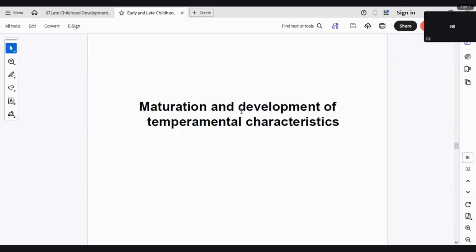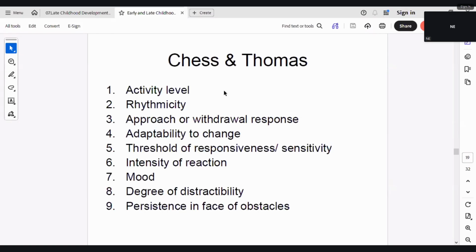This is what makes every person different from the other, their temperamental characteristics. Two psychiatrists, Chess and Thomas, identified 9 parameters of temperamental characteristics.